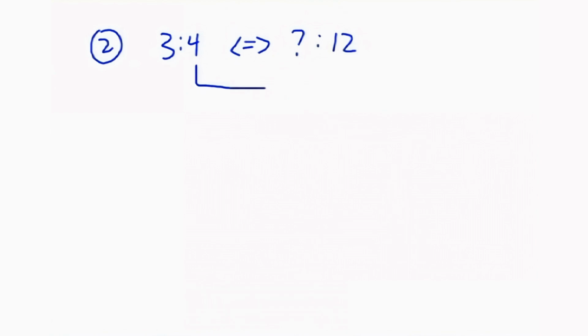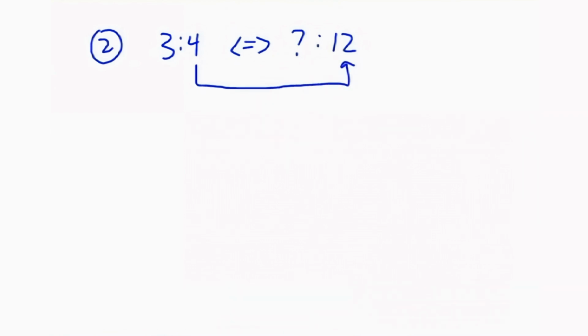Let's look at something else. If we're going to solve something like this, 3 to 4 is the same as something to 12. Well, now we're going to do the same thing, except we're looking at how does 4 turn into 12.